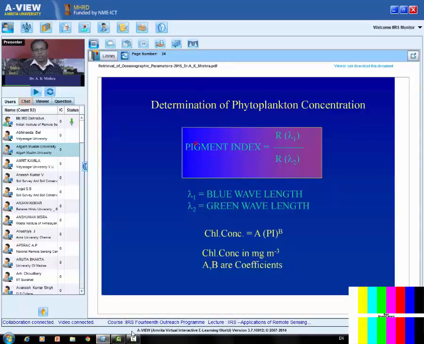So this tells you about the pigment index, that is reflectance at blue wavelength divided by reflectance at green wavelength, that determines the pigment index, and chlorophyll concentration can be related statistically to the pigment index. I am showing here a simple relationship, A pigment index to the power B, it is a power law, but now sophisticated algorithms are available which take many wavelengths into account and many logarithmic relationships.